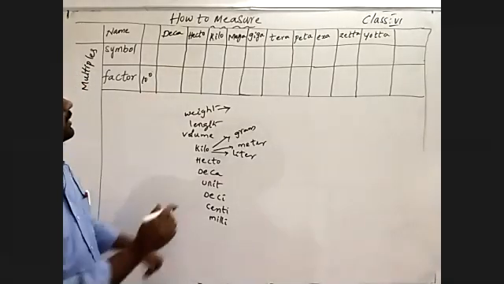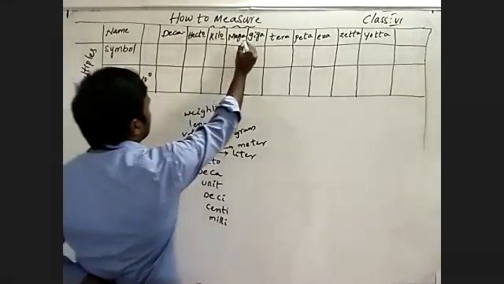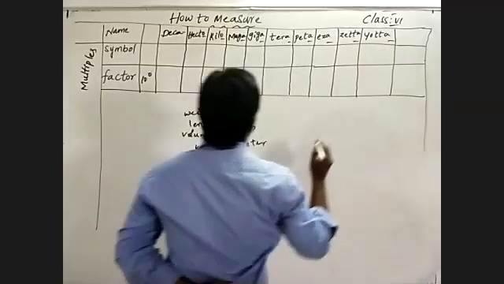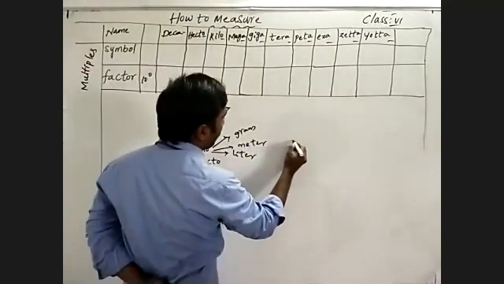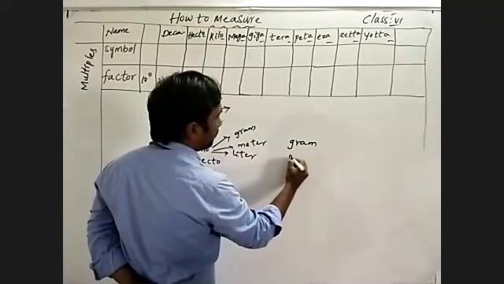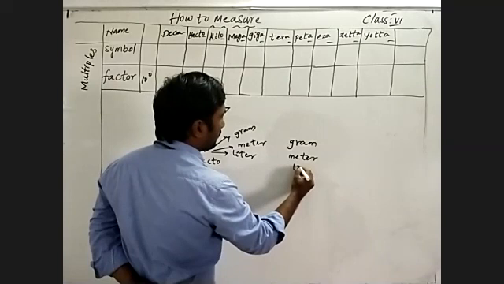Then here, see what I'm saying to you, I'm giving a hyphen to each. Weight is measured by gram, length by meter, and volume by liter.